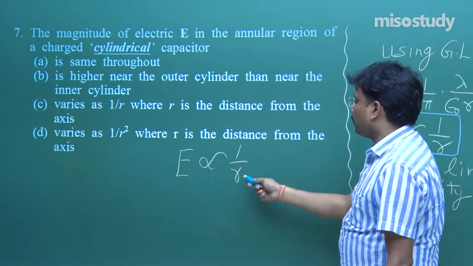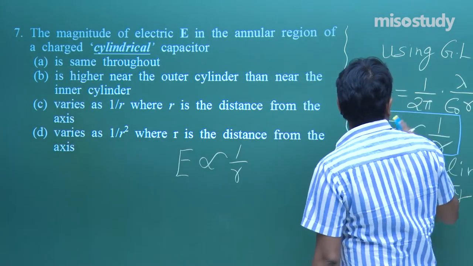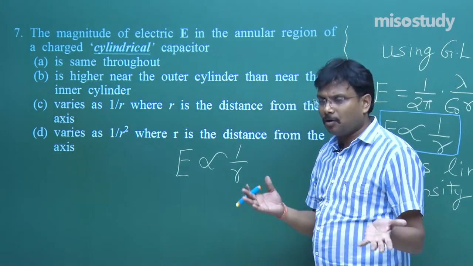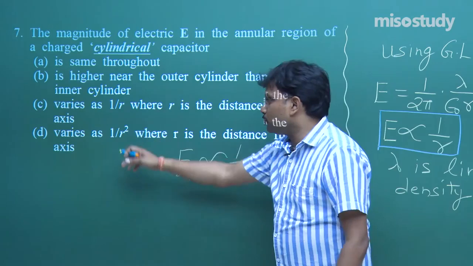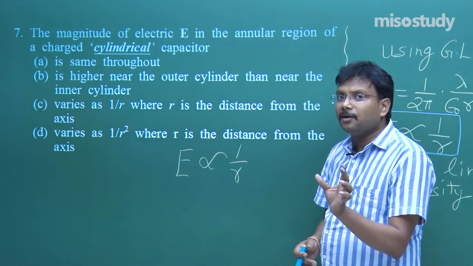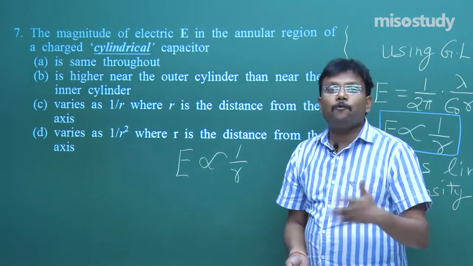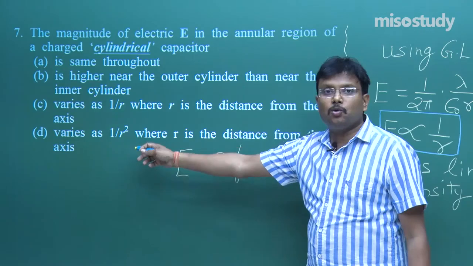E is directly proportional to 1 upon r, or this relation, 1 upon 2 pi, lambda upon epsilon naught r, because 1 upon 2 pi epsilon naught and lambda are constant. So that is why I am mentioning it. Now, a few of you may get confused that the general relation of electric field for a point charge at any distance is given as 1 upon 4 pi epsilon naught, q upon r square. So why is E not proportional to 1 upon r square?